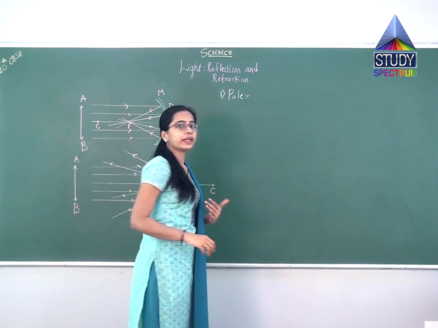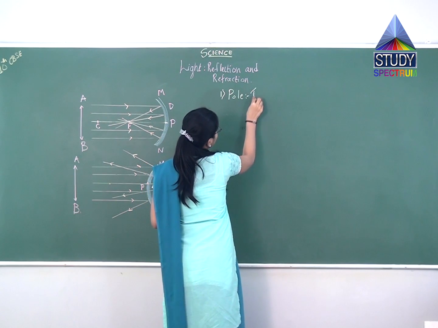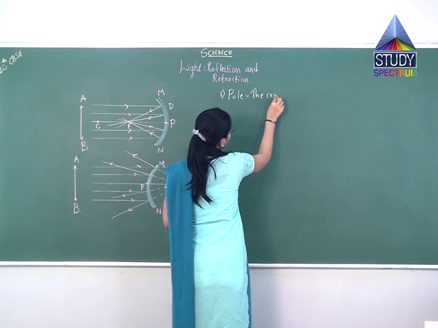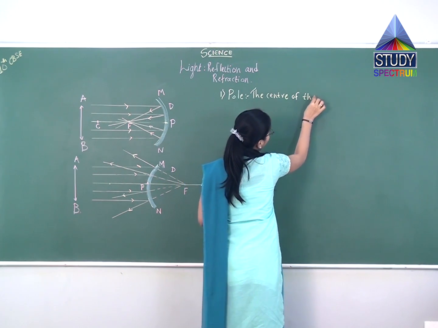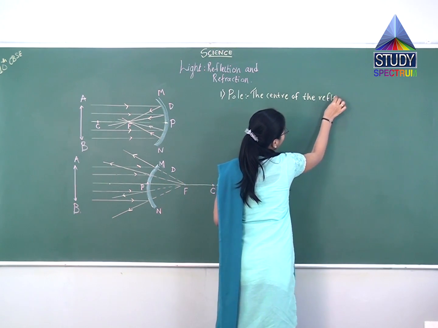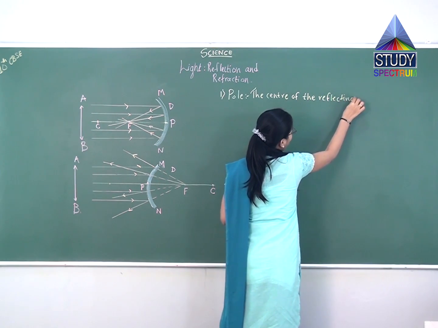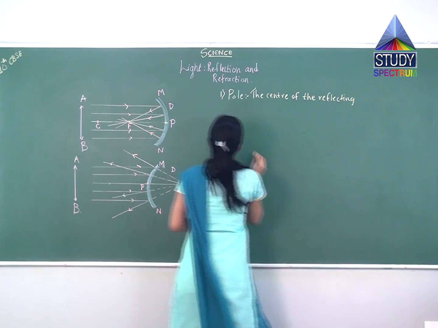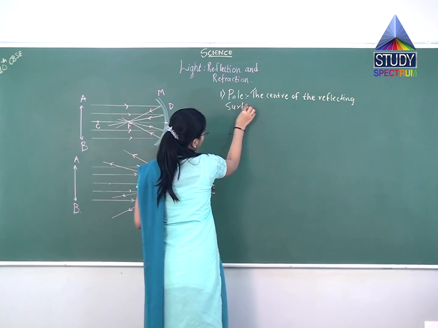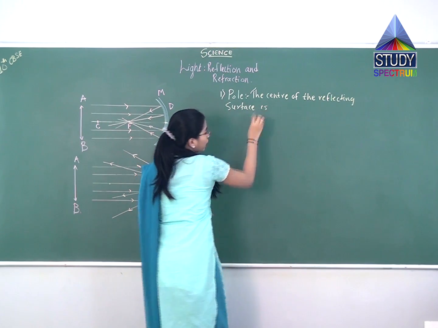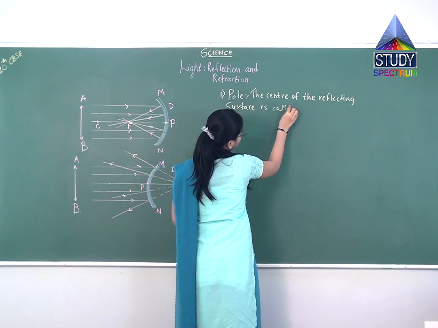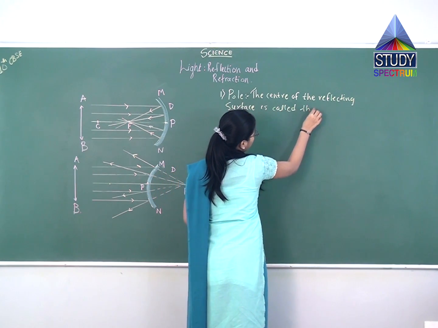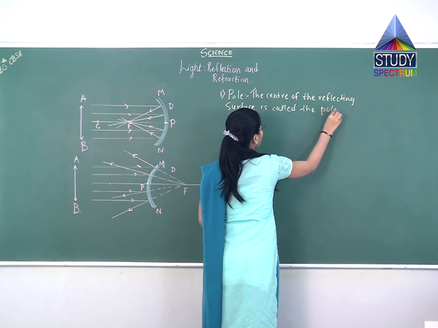The center of the reflecting surface is called the pole.